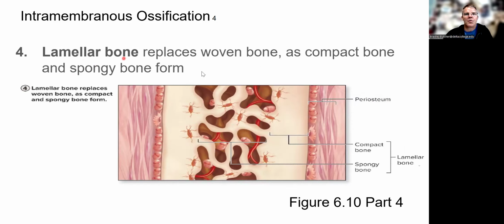And then the lamellar bone replaces that woven bone as compact bone, and that spongy bone forms. So now we're getting that full bone. You've got the compact bone. Remember, we have compact bone on both sides of the spongy bone when we're talking the flat bones. And then you have that periosteum that layers around there.